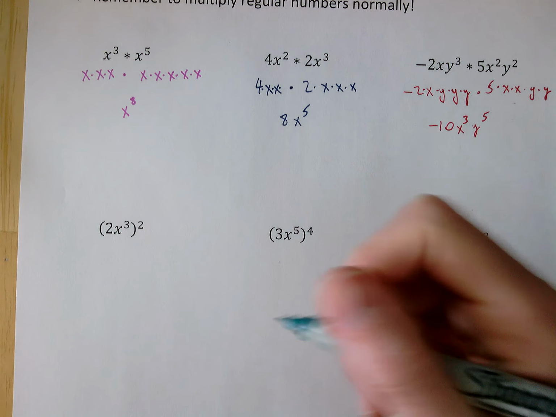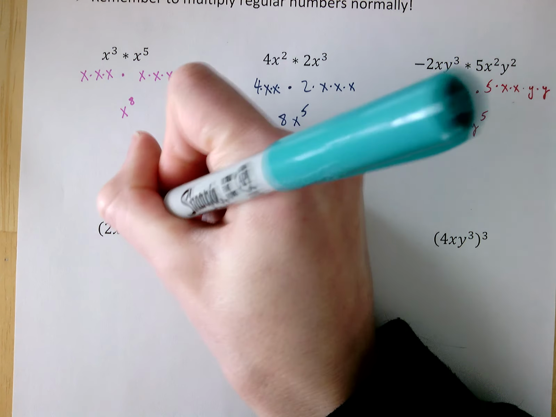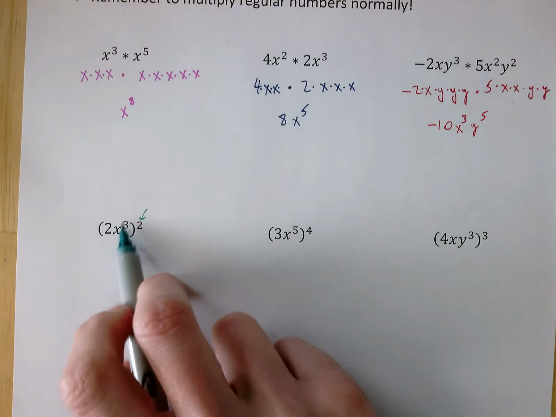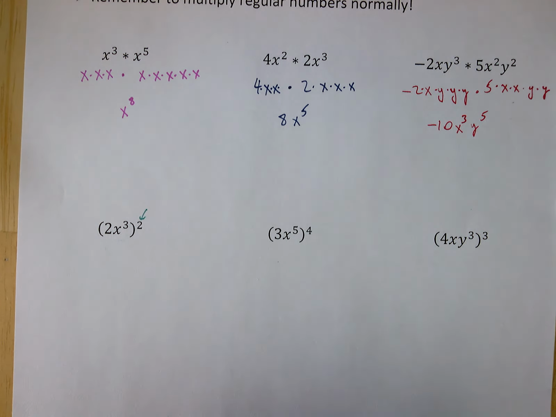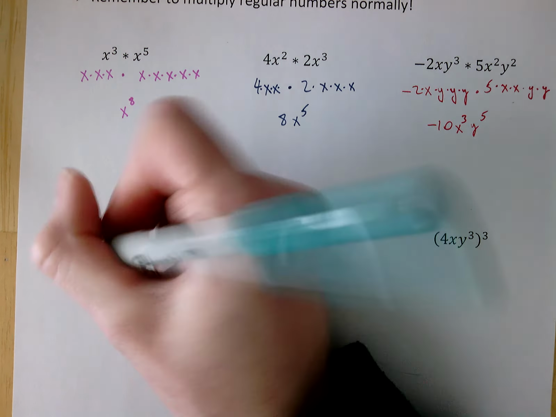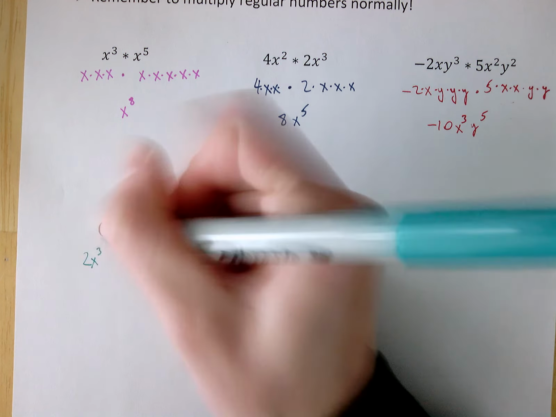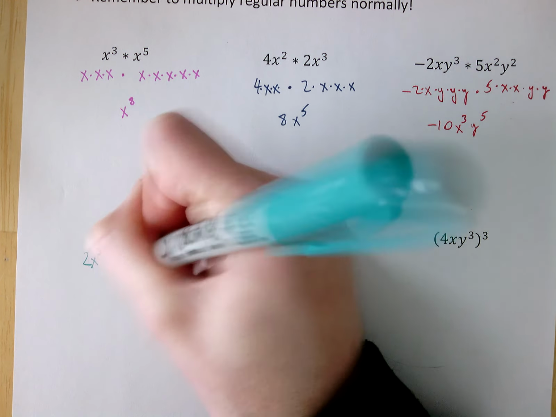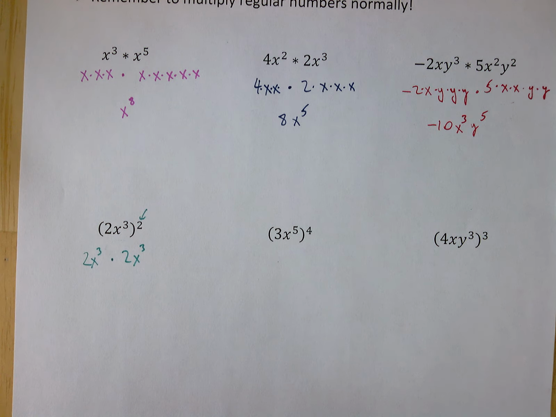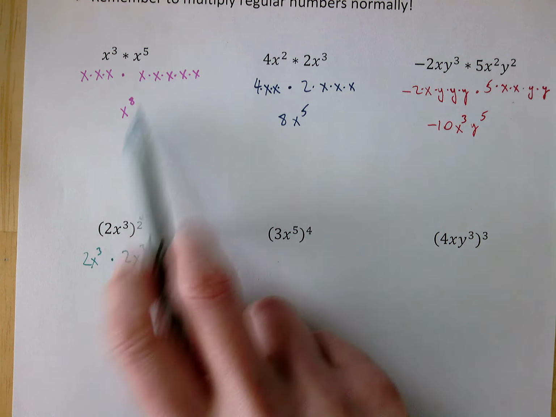This little exponent up here is telling me that I'm multiplying this thing times itself. There's 2 copies, so this means I'm doing 2x to the third times 2x to the third. That's what exponents mean. Now that we've looked at it that way, it's just like these problems.